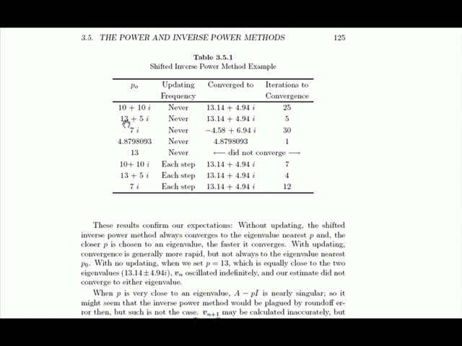Notice when we started with 13 plus 5i, it converged much faster because that's very close to the eigenvalue we're looking for, only 5 iterations instead of 25. We started with 7i, and then it converged to this eigenvalue.